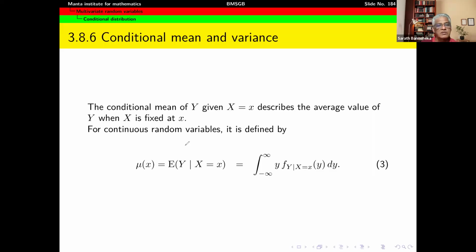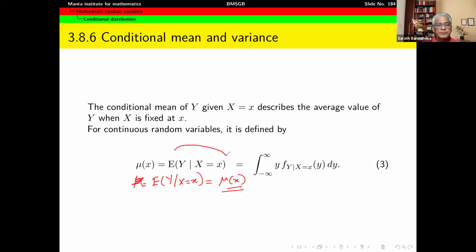So mu x means here the mean of y. Actually, mu x means the expected value of y given x equal to x. That is what we denote by mu within bracket x here. Expected value of y given that x is equal to x is denoted by mu x.